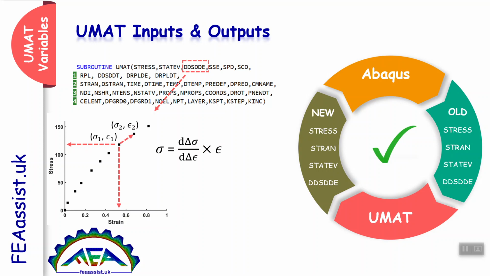So if you have stress as a function of strain, then by taking the derivative, you can define the DDSDDE for your formulation. So we call this slope of the diagram DDSDDE. This is the nature of this variable. For all variables, based on your equation, you need to well understand the nature and the source of the variables. For example, in the elastic regime and for elastic problems, the elastic stiffness matrix is the DDSDDE matrix.